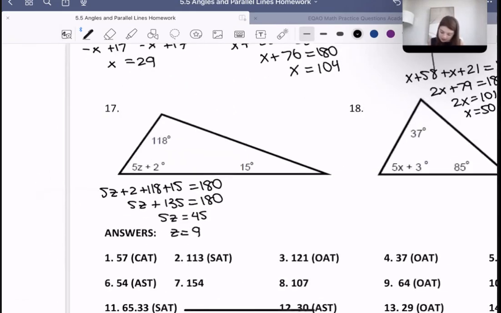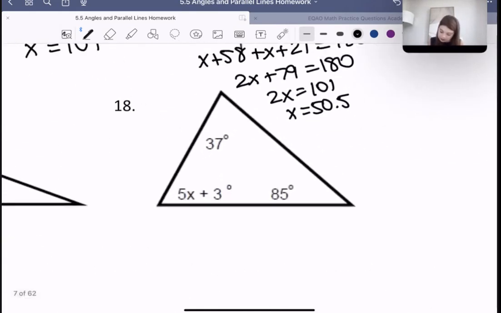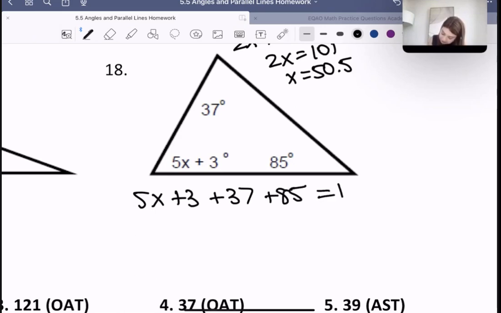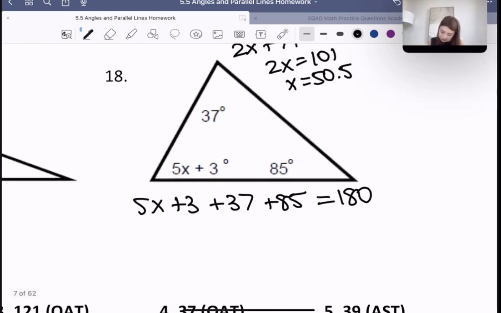Okay, and let's move on to 18, which is our last one. So same kind of thing again. We know that all three angles, so 5x plus 3 plus 37 plus 85, is equal to 180. So that means that 3 plus 37 is 40, and 40 plus 85 is 125, right?